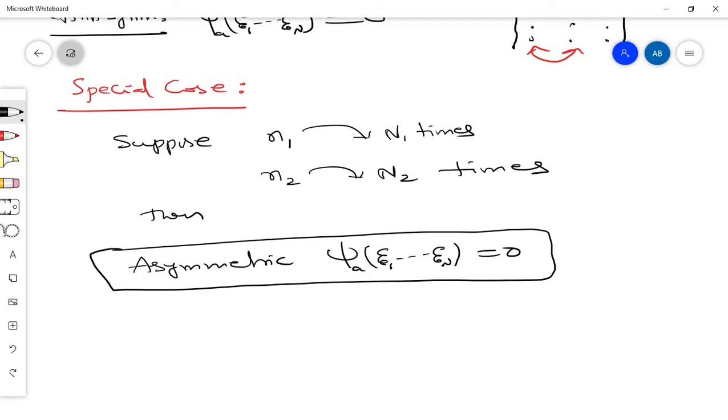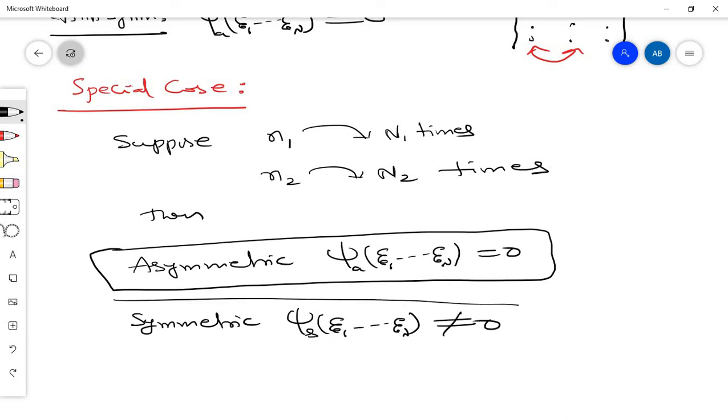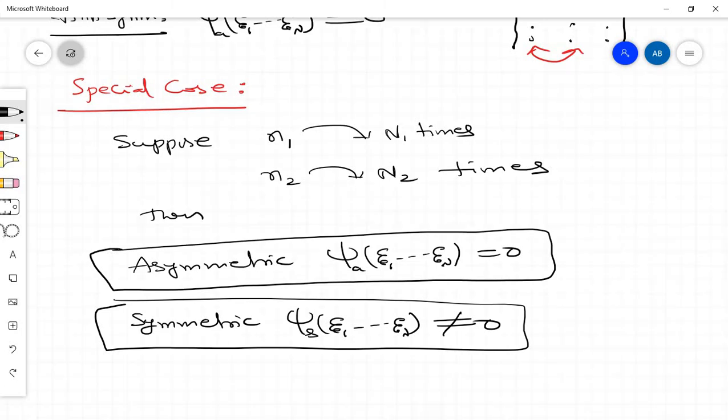Then what about the symmetric function? Obviously the symmetric wave function is non-zero. Then what is it and how does it look? That is important. Let us put it like this.